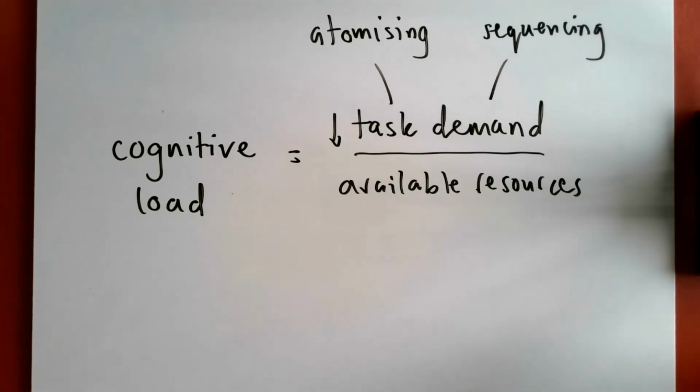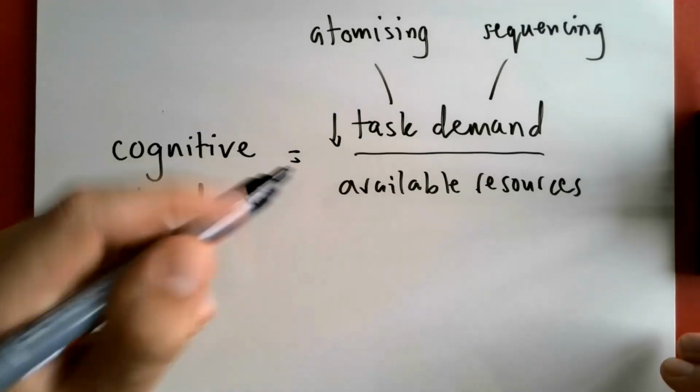But there comes a point where the questions we want them to answer require all of that knowledge. So we can sequence it and we can break it down to help them acquire it as much as we like, but there comes a point where it's still a very large task. The demand of the task is very high, and that's going to increase cognitive load, potentially to overload.